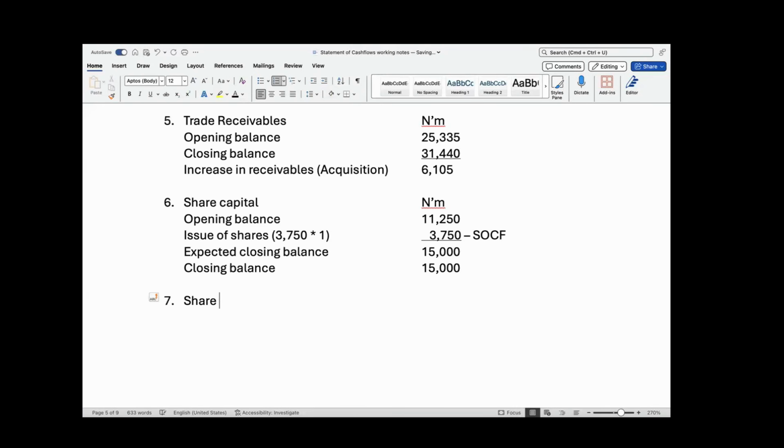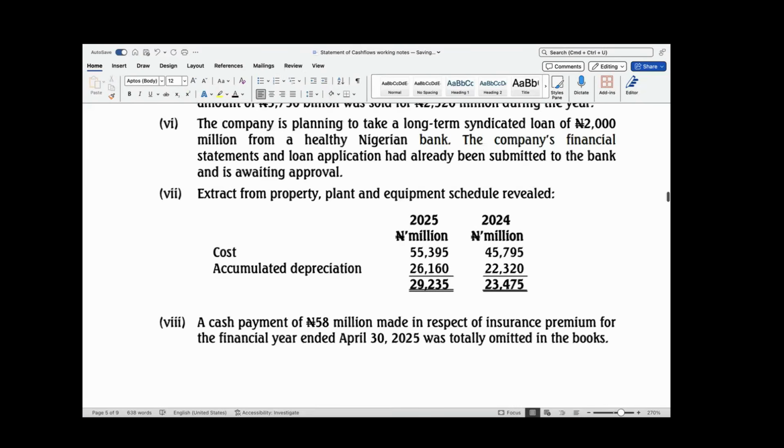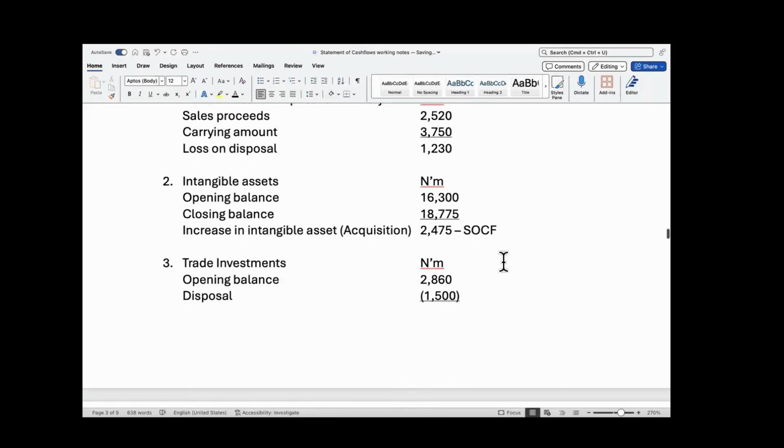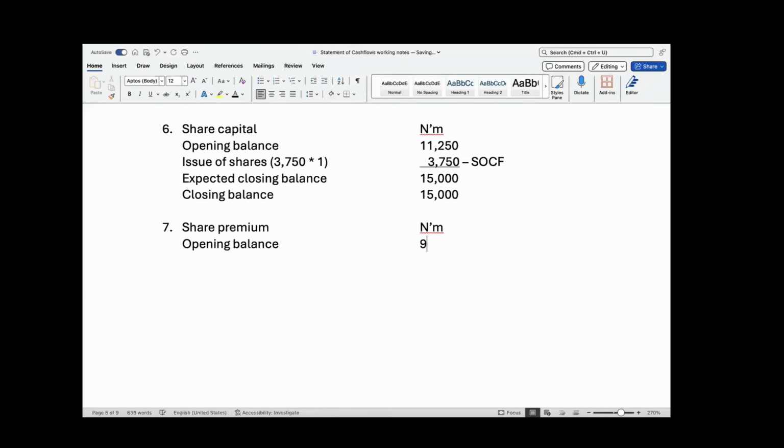So the next one is my share premium. What's the opening balance of my share premium? 9,300. There was an issue of shares of 3,750, which we issued at 32 kobo.